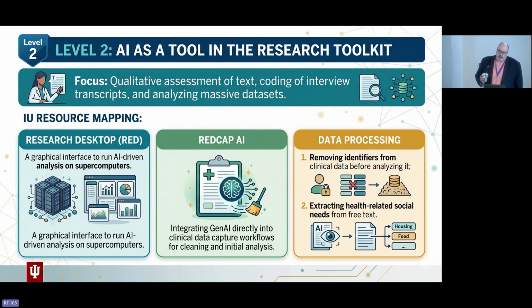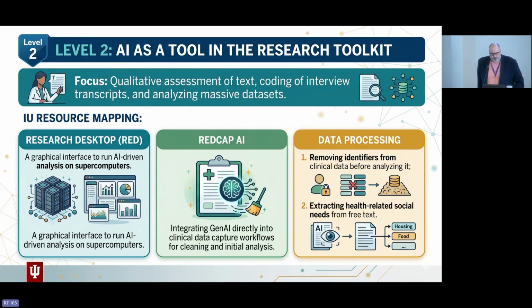But we also think about these examples of data processing. So for example, AI can be and is being used to remove identifiers from protected health information or from clinical records where there's protected health information. And so that's another example of AI as a tool in your toolkit that may not necessarily be the focus of research. Now, the computer scientists might do research on those tools and the informaticians.